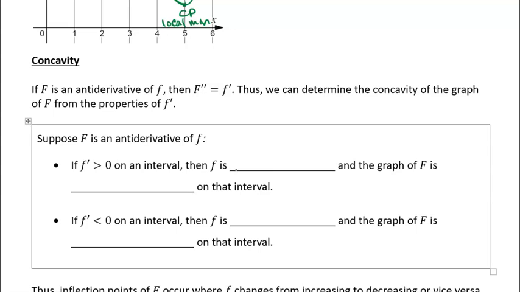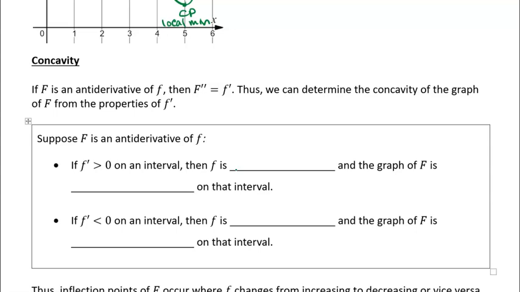So let's summarize what we learned. Again, this capital F is an antiderivative of f, right? That means that the second derivative of the capital F is the derivative of f. So we can determine the concavity of the graph of capital F based on the properties of the derivative.